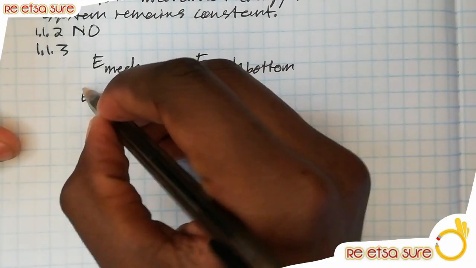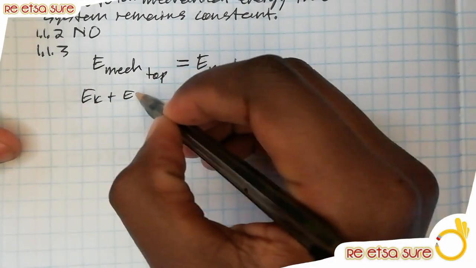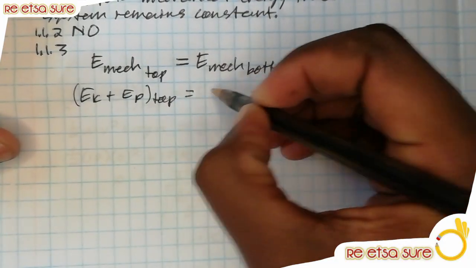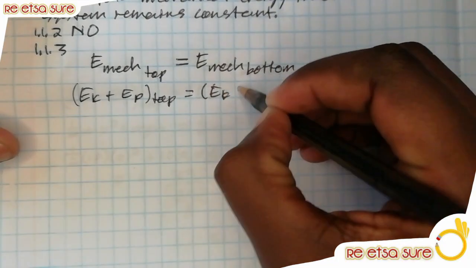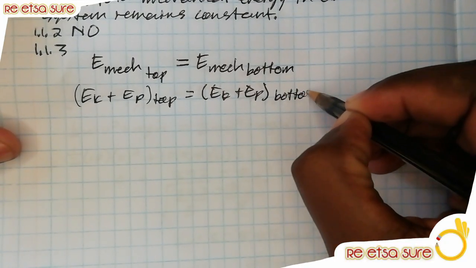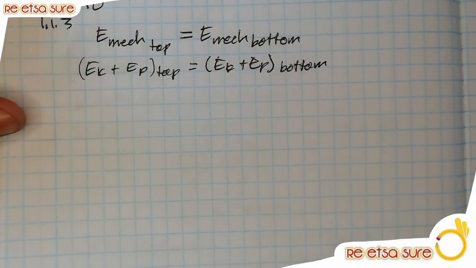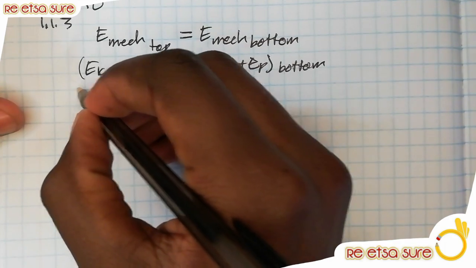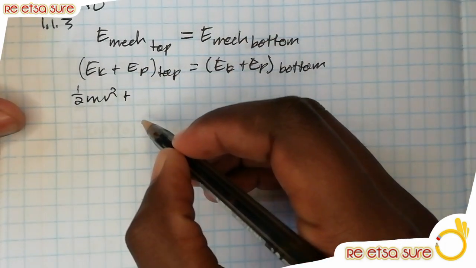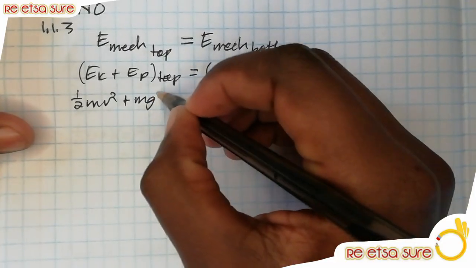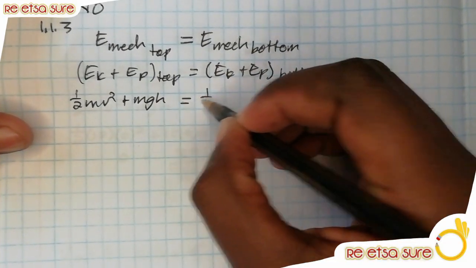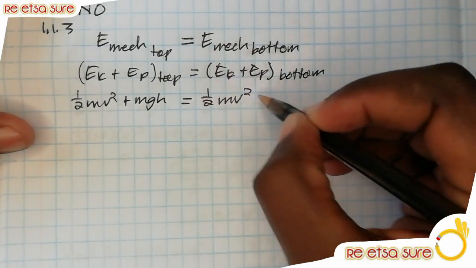So EK plus EP at the top is equal to EK plus EP at the bottom. Further expansion looks like this: kinetic energy is half mv squared, potential energy is mgh. So mgh at the top is equal to half mv squared plus mgh.